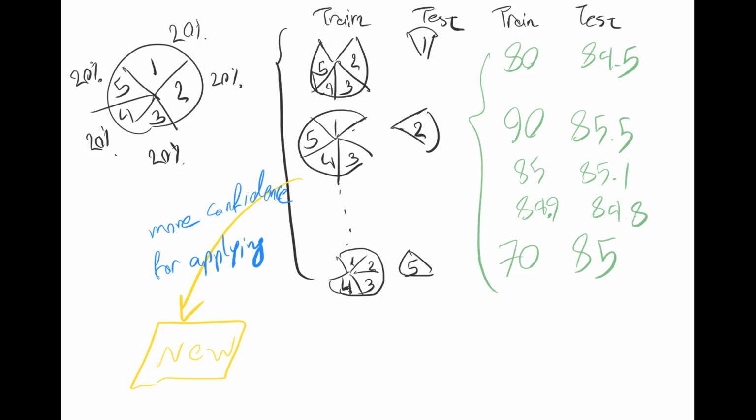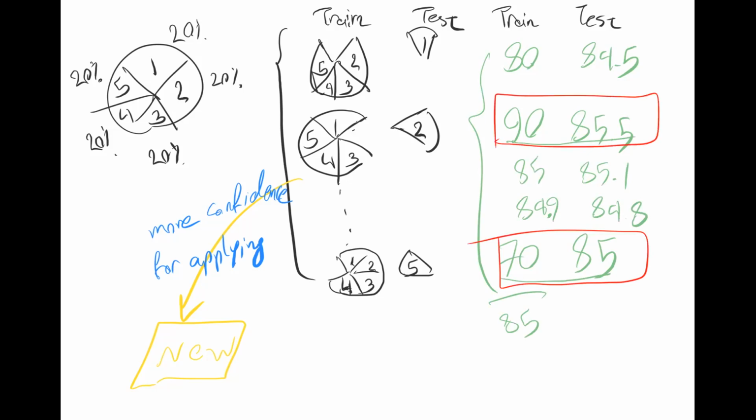In the train set the average is still around 85, but it doesn't seem to be a generalizable model. In some cases, there's a huge gap. But if you just take the overall average, maybe the overall average of train is around 85, and for tests it is around 85 too. Not a good model.